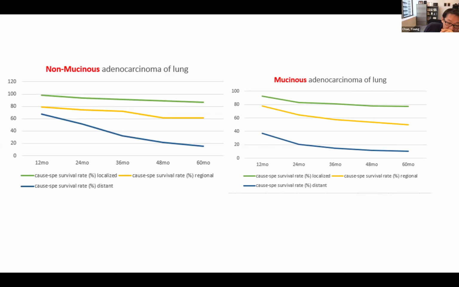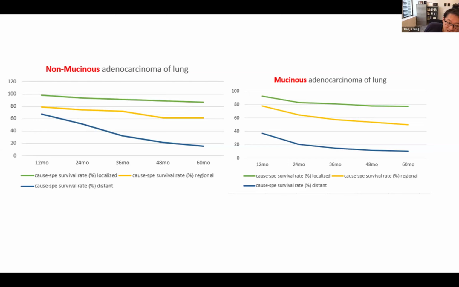Because you could make 3 different graphs, cause-specific, and maximize the difference between the non-mucinous and mucinous in one graph, how they are different.